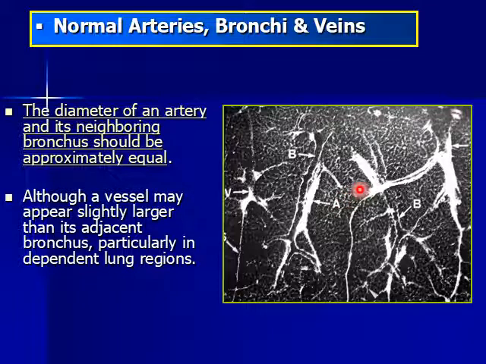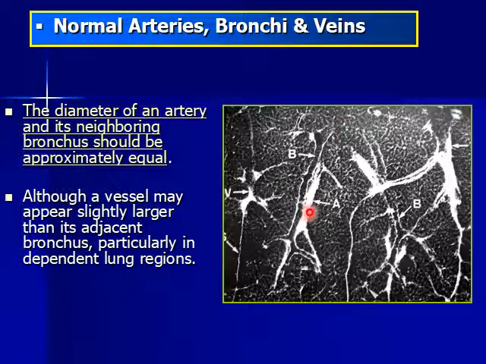Rule number 1. The diameter of an artery, which is of course pulmonary artery, and its neighboring bronchus should be approximately equal. This is the artery, it is wide, and this is the bronchus or bronchiole, it contains air. The diameter of the artery should be equal to the diameter of the bronchus.